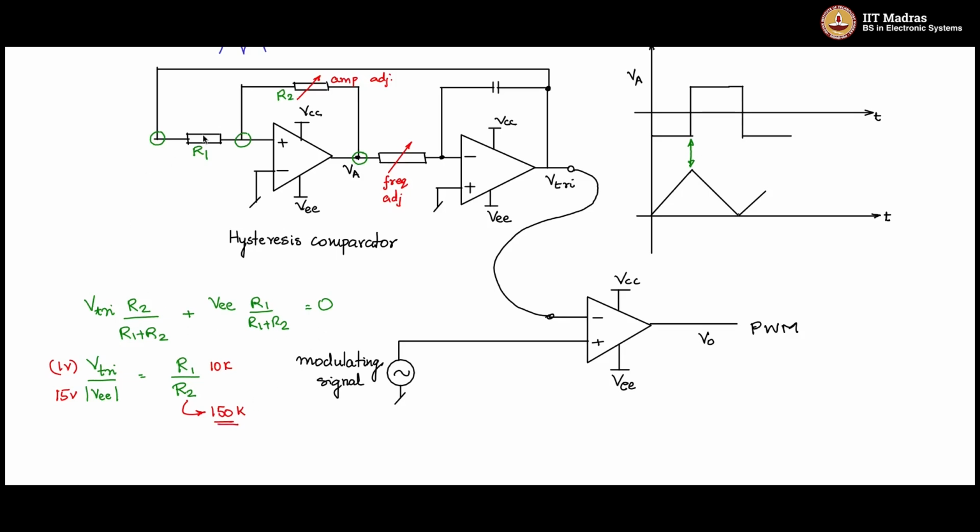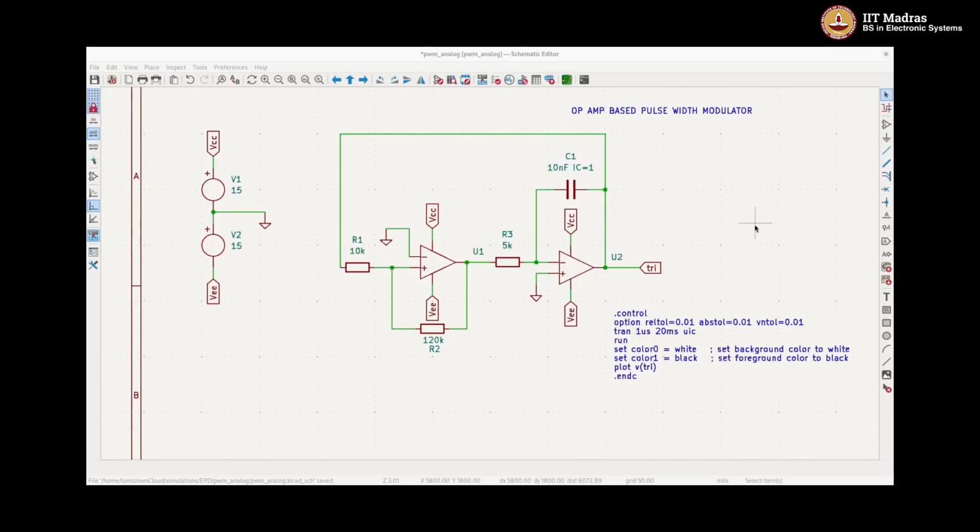So let us now complete the PWM circuit on the schematic and then simulate it in ngSpice, and let us just have a look at the waveforms. So I have opened the schematic where we simulated the triangle waveform generator.